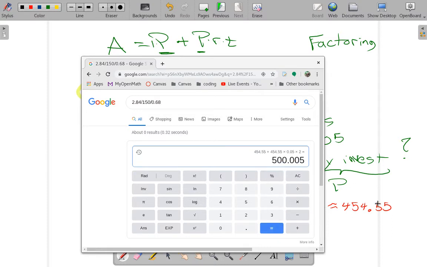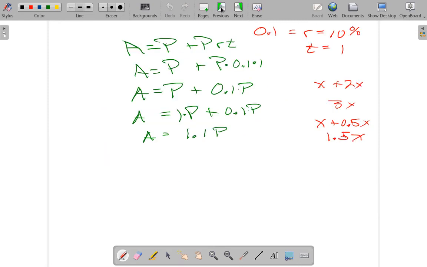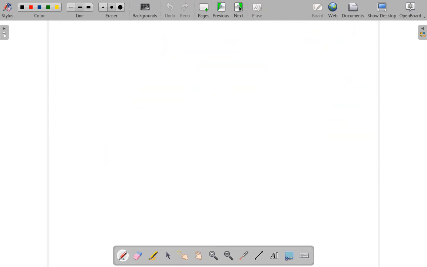Now, since I had to round to this number over here, I'm getting about $500 here. Notice I had to round up a little bit for that one, so we're a little over 500. We did it. And the key to solving the equation this time was the idea of factoring. And factoring is related to what's called the distributive property.